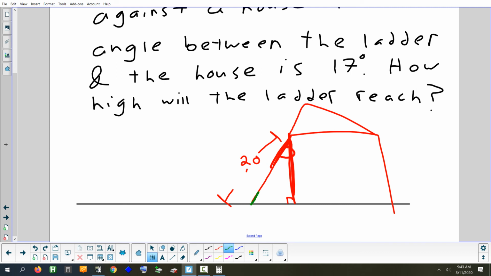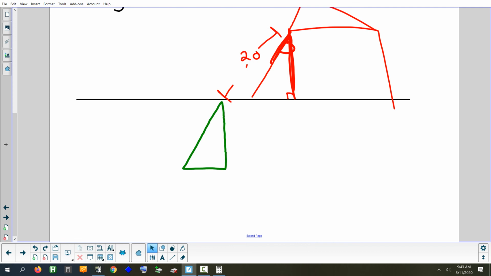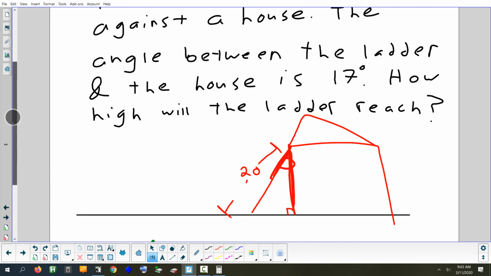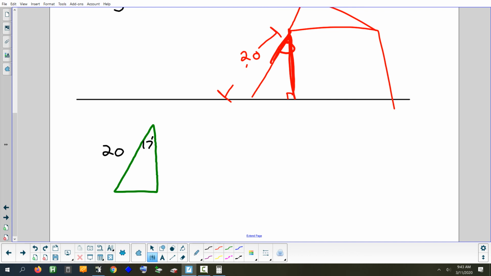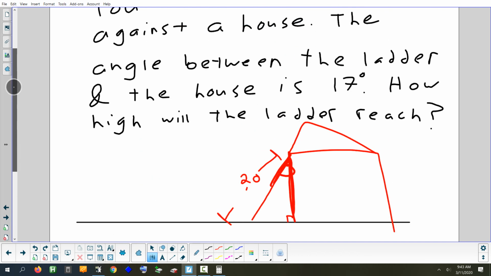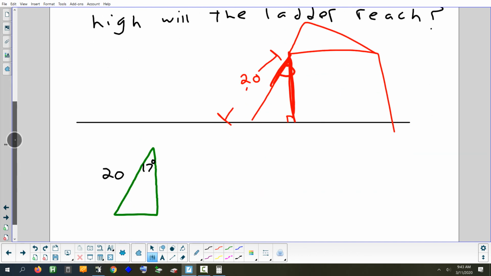All right, so I'm going to take this picture. What I drew in green, that's the important part of the picture. This side's 20, and the angle at the top is 17. Find how high the ladder will reach. What side of the triangle do they want you to figure out?